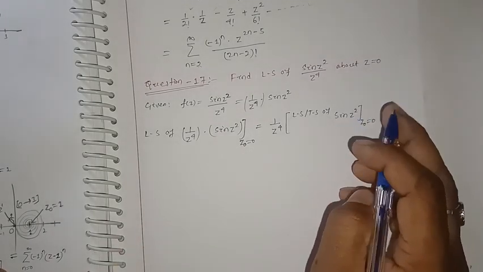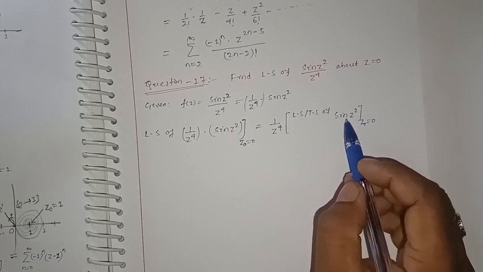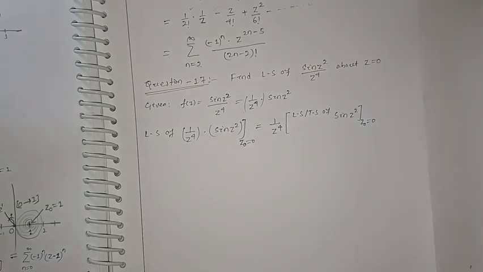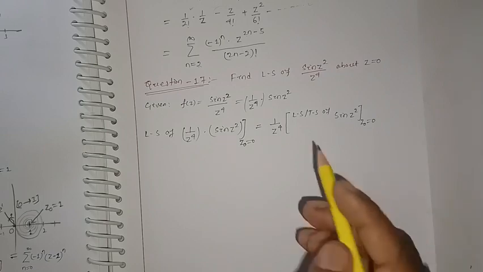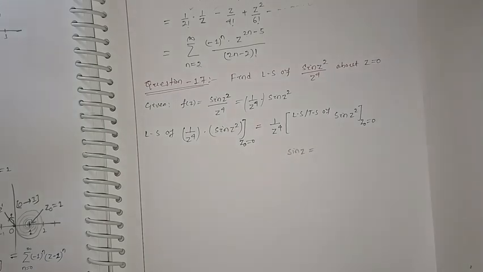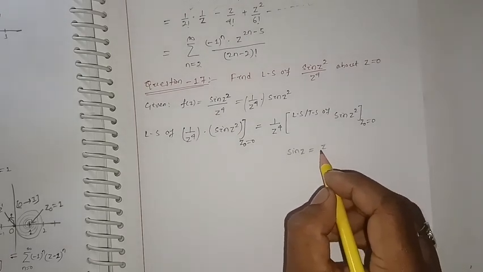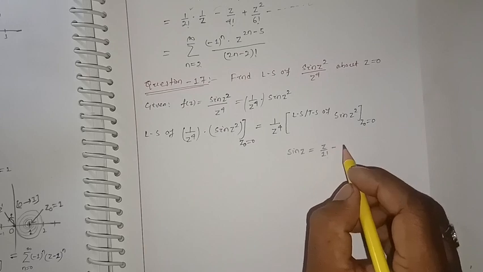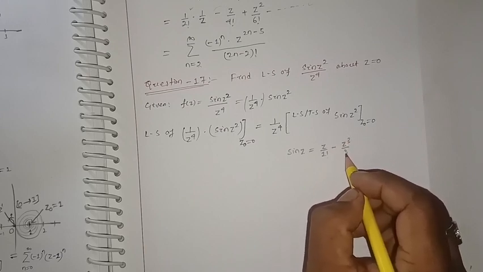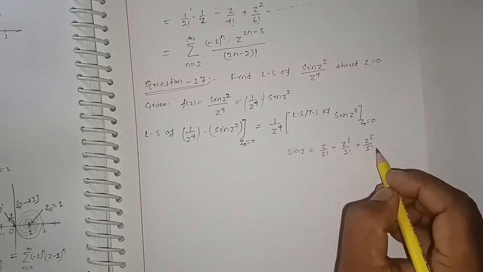So sin z square means the simple expansion of sin z. Here we know the sin z expansion: z by 1 factorial minus z cube by 3 factorial, plus z to the 5 by 5 factorial, and so on.